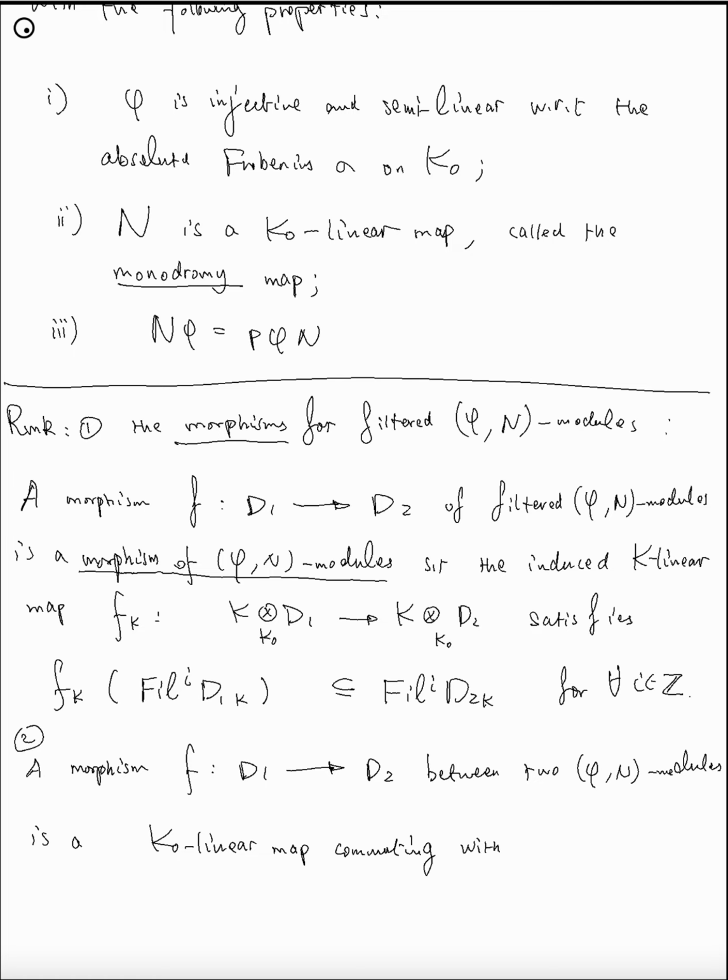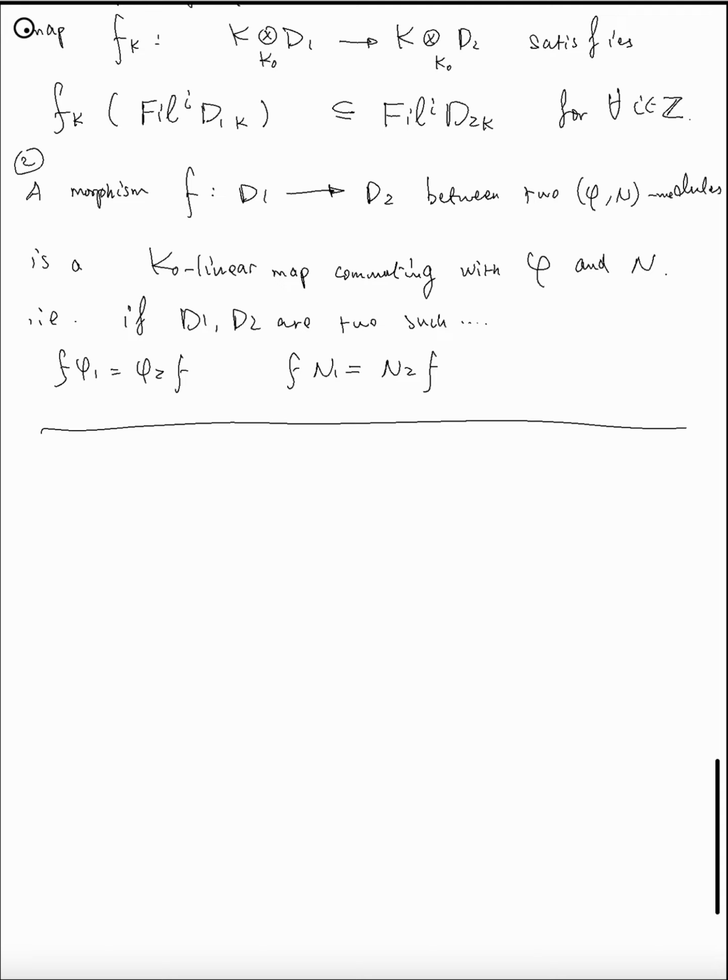If we're talking about finite dimension, this is just a linear transformation between vector spaces commuting with phi and n. Equivalently, if D1, D2 are two such phi-n modules, then we require f phi1 equals phi2 f, and f n1 equals n2 f. That's all about this morphism.